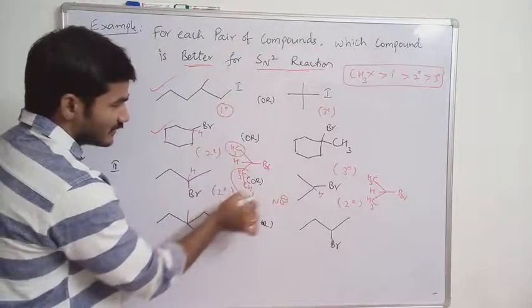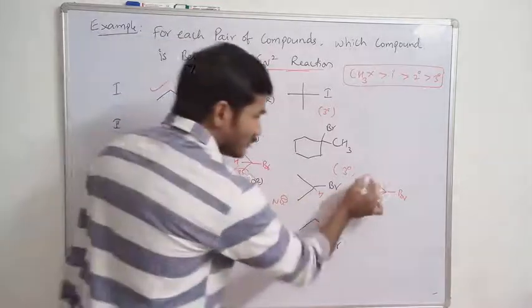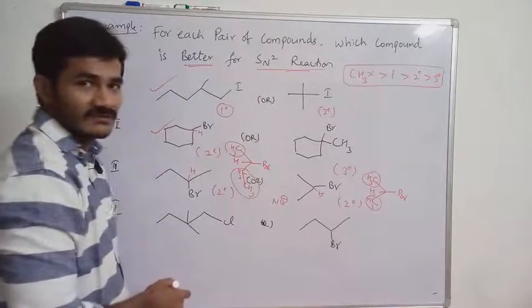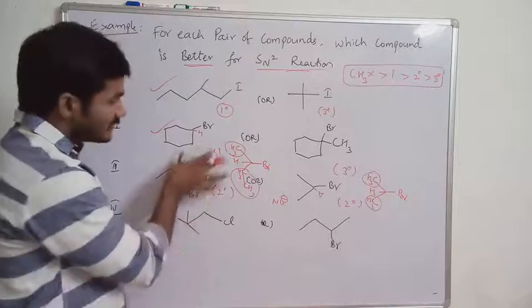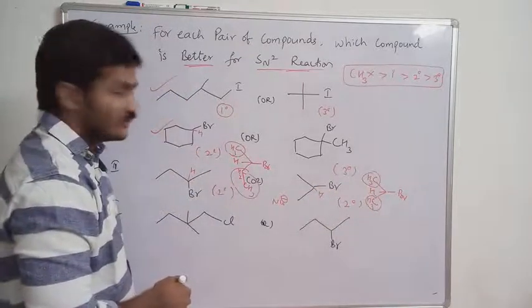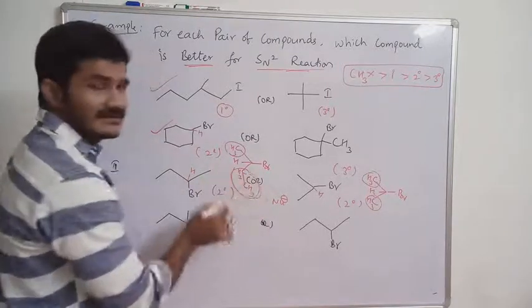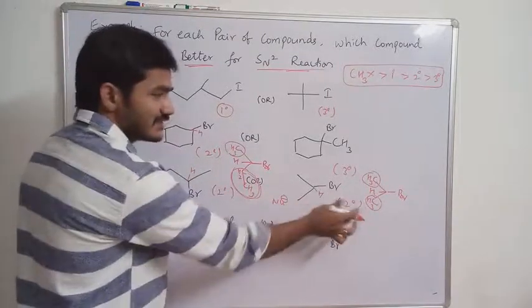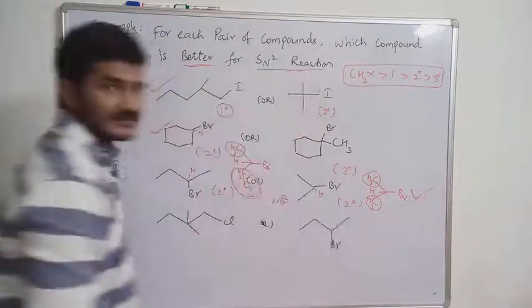Here methyl and ethyl, 2 bulkier groups, are there. Here both are methyl. Both are secondary only, but this is methyl, ethyl. These two have the same methyl groups. So this is highly hindered, and this is less hindered comparing to it. So this is a better substrate.